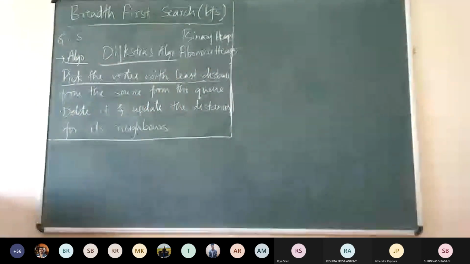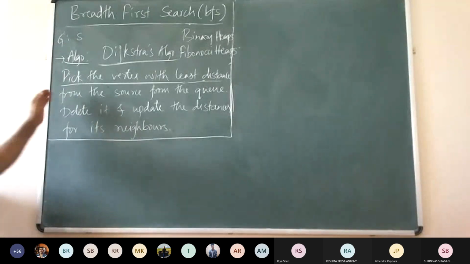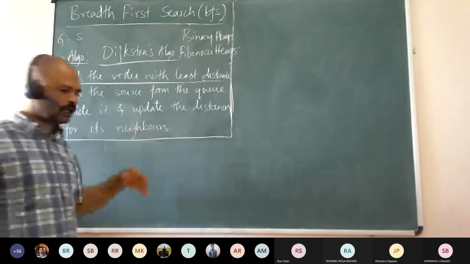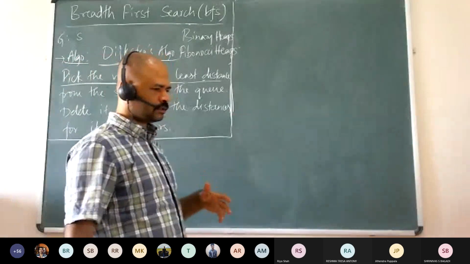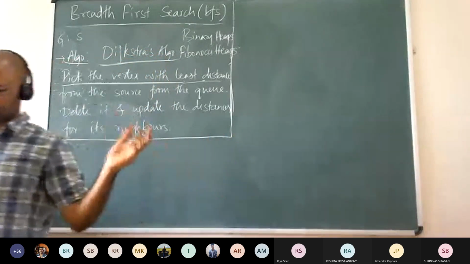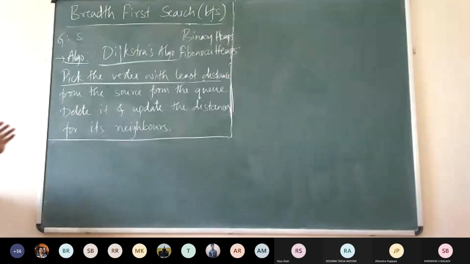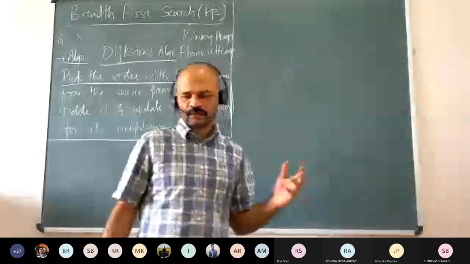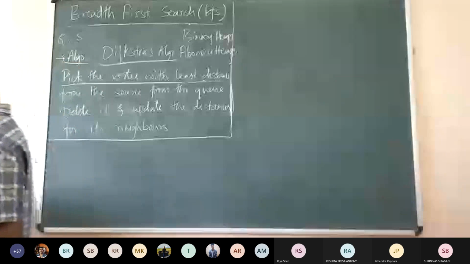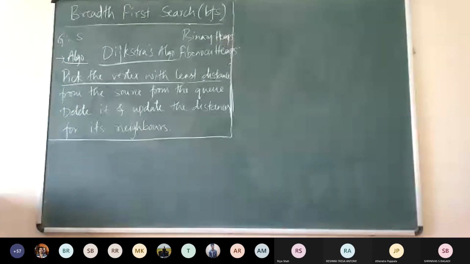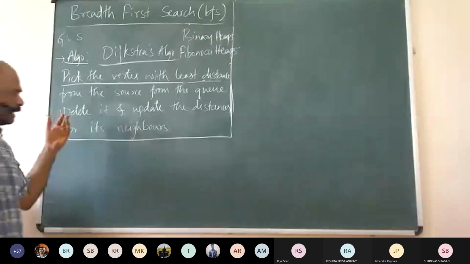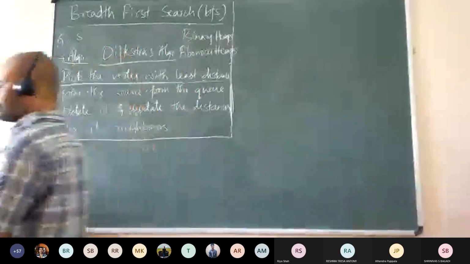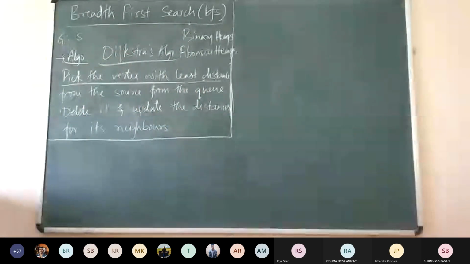So the strategy was to pick the vertex with the least distance from the source, which is not already set, which is there in the queue, and then you delete it, which means that the distance for it is already set correctly. That is what we proved. You delete it and you update the distance to its neighbors, right? So this was the algorithm.